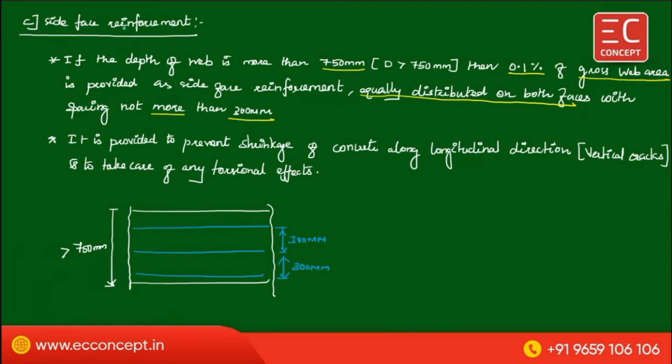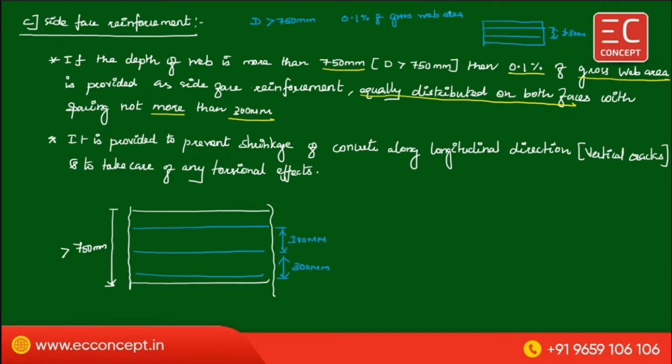Now the third one is side face reinforcement. When the depth of beam is greater than 750 mm, then 0.1% of gross web area, be careful, gross web area of AST which was provided on a beam, equally distributed on both sides, and the spacing of the reinforcement should not be greater than 300 mm.